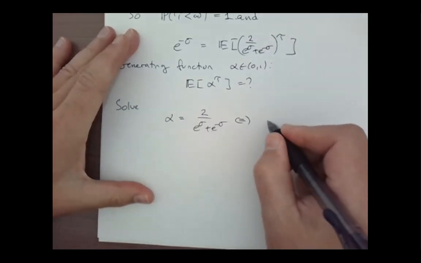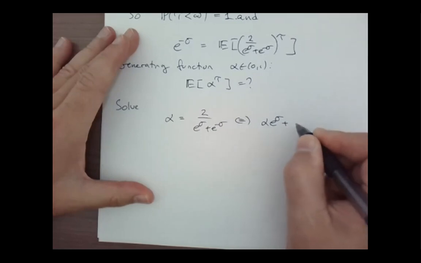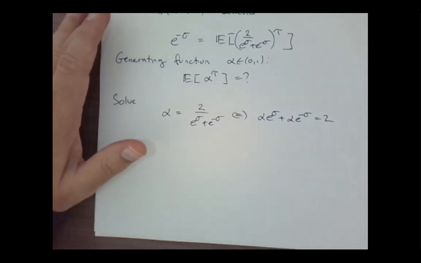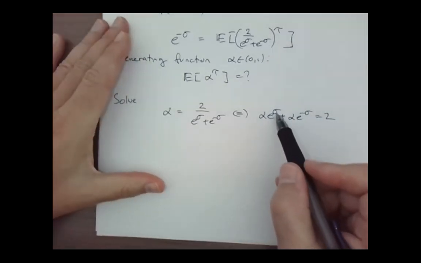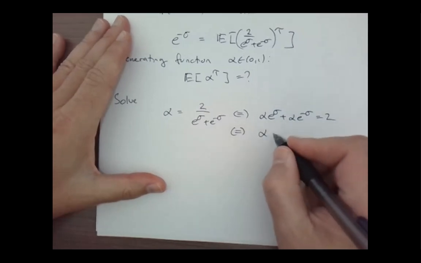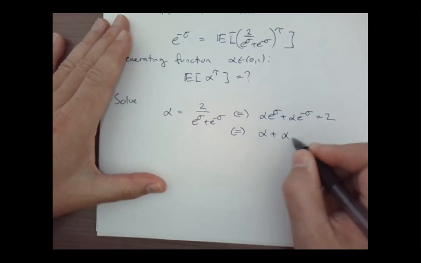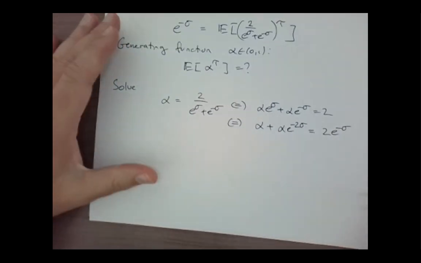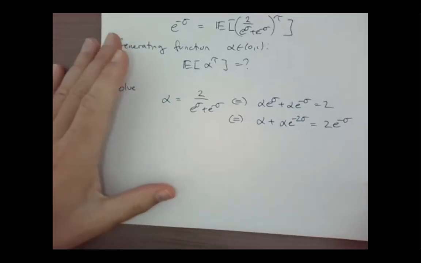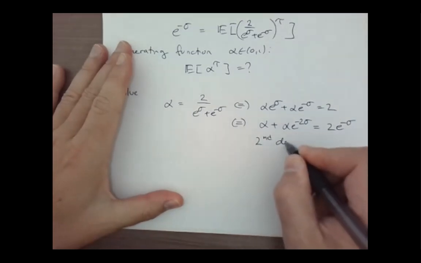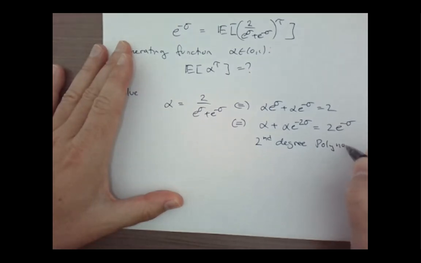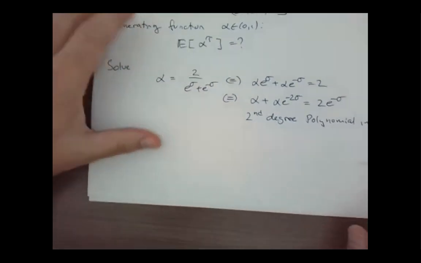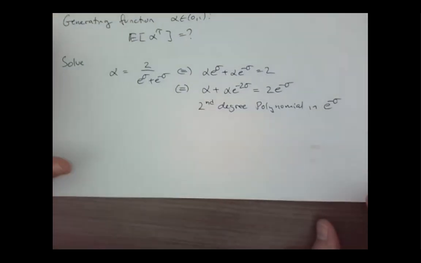We multiply over, we get alpha e^sigma plus alpha e^(-sigma) is equal to 2. And then I can divide over by e^sigma. I get alpha plus alpha e^(-2 sigma) is equal to 2 e^(-sigma). And this is a second degree polynomial in e^(-sigma), so we can solve that.